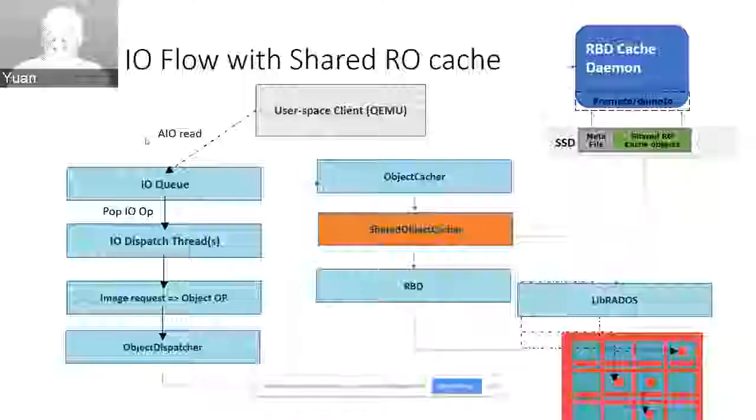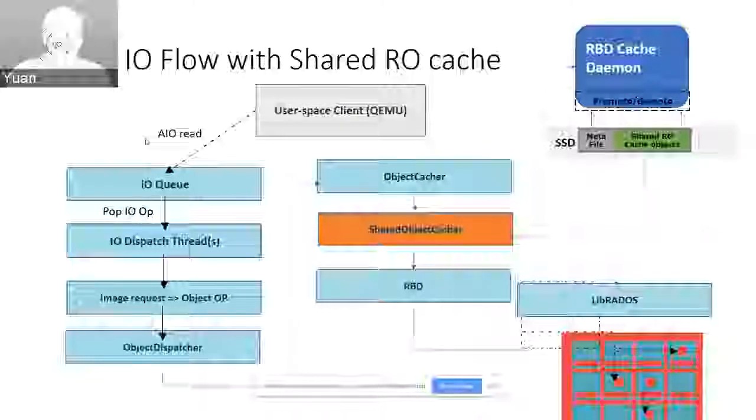If it is not a hit, then the RBD caching daemon will kick off an async promotion request, which tries to read the object from the Redis tier, and then store the object to the local SSD.